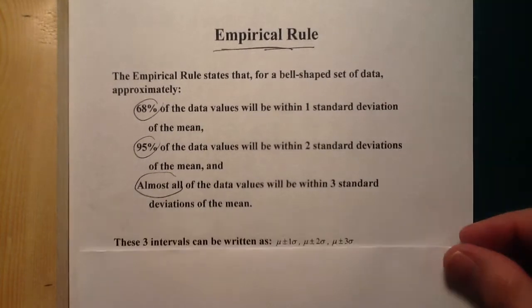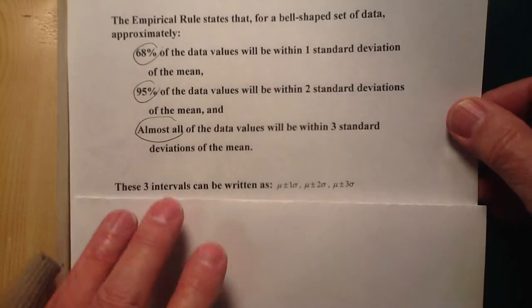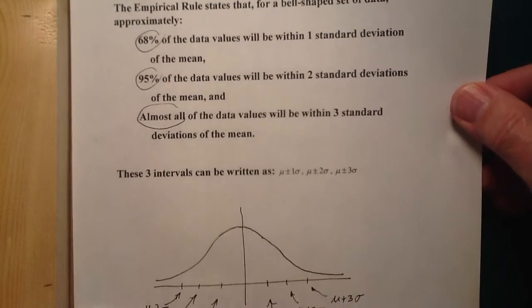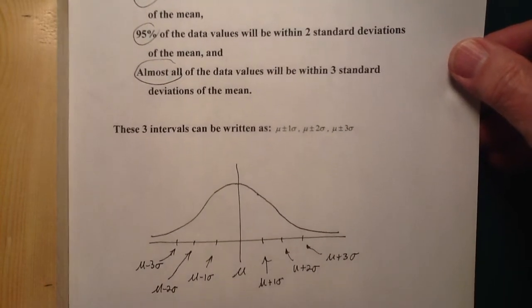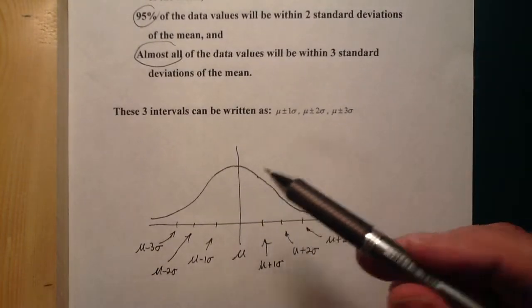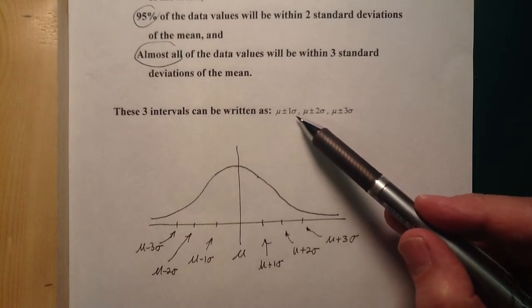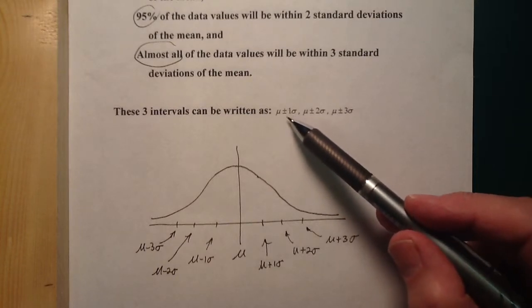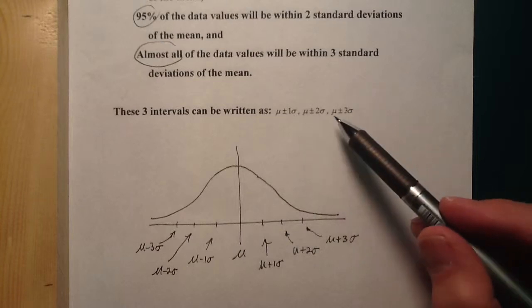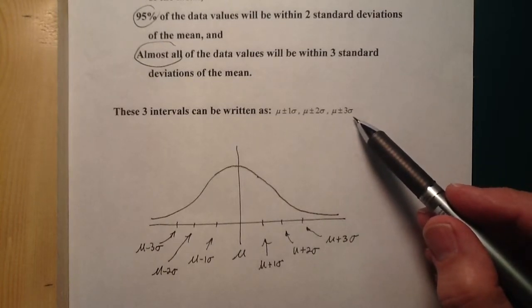Let's take a look at a picture that might help us with this. Now, the intervals are mu plus or minus 1 sigma, the mean plus or minus 1 standard deviation, plus or minus 2 standard deviations, and plus or minus 3 standard deviations.